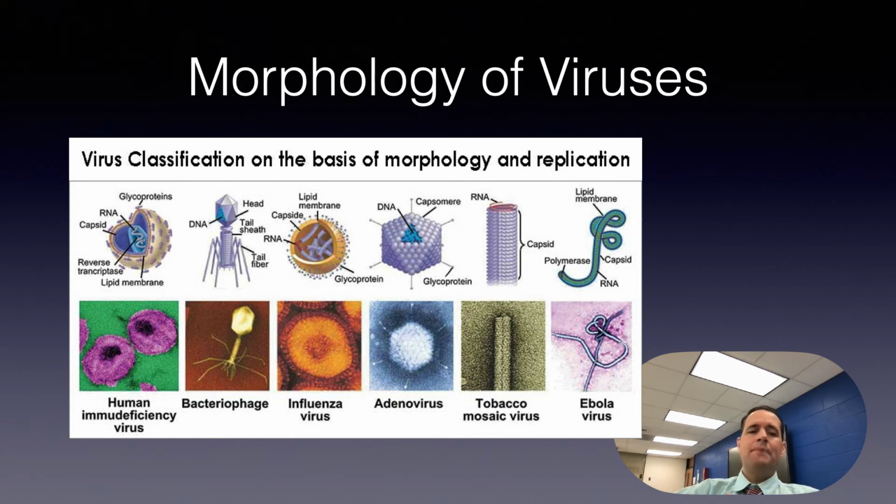So helical capsids are long and cylindrical. Many plant viruses are helical, including the tobacco mosaic virus, which is a plant virus, right? Tobacco plants. Icosahedral viruses have shapes that are roughly spherical, such as those of poliovirus or herpes viruses. Enveloped viruses have membranes derived from the host cell that surrounds the capsids.